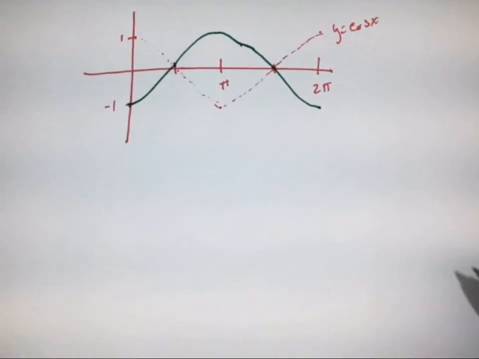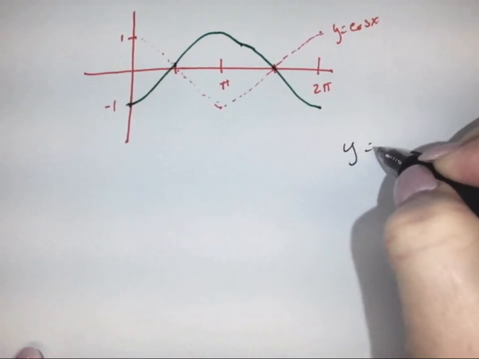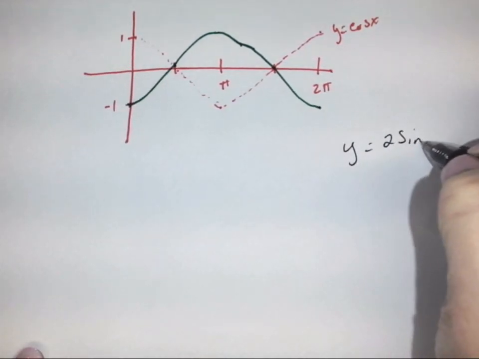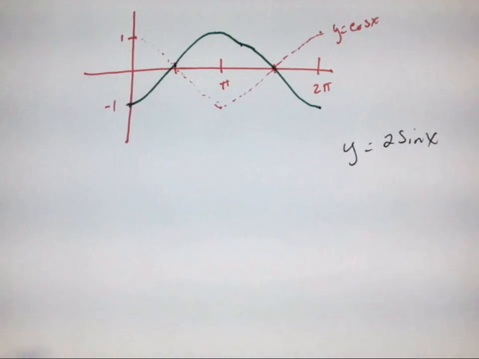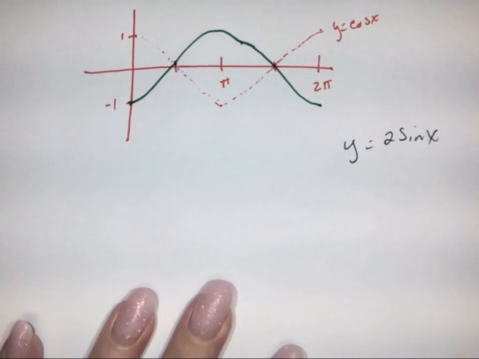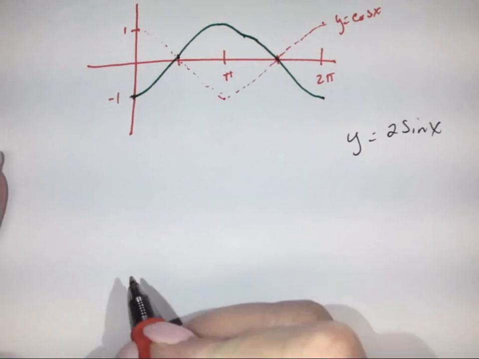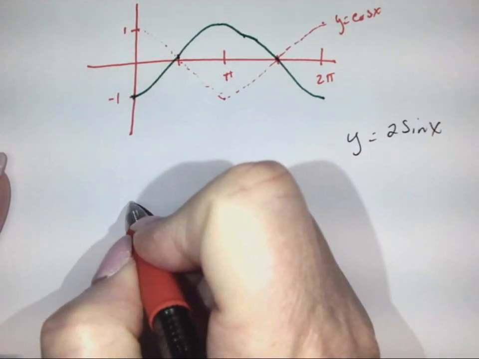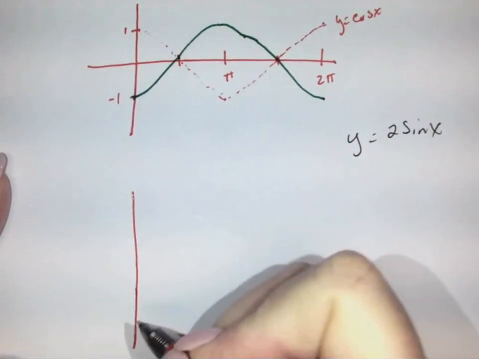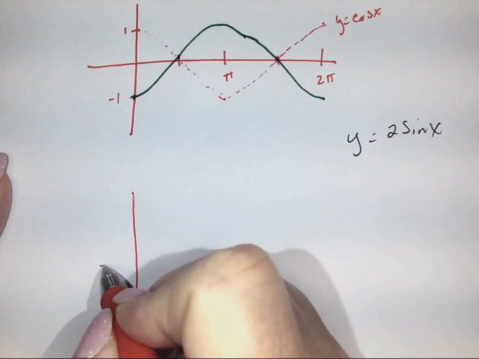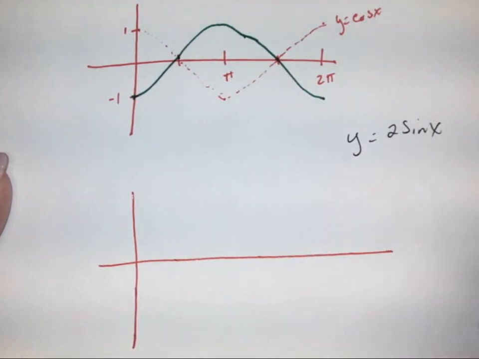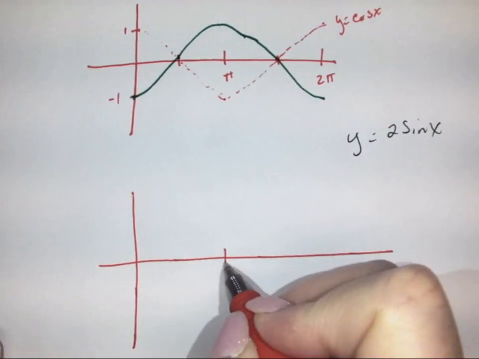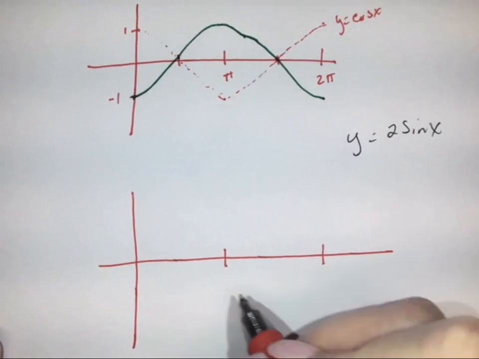All right, let's look at another one. If we have y equal to 2 times sine of x, we are going to multiply each coordinate by 2. So let's start by graphing a sine curve. All right. So again, we're going to have pi and 2 pi.